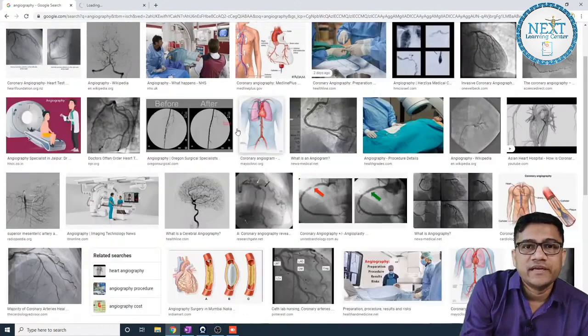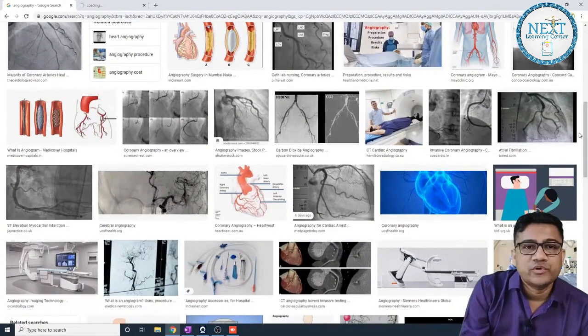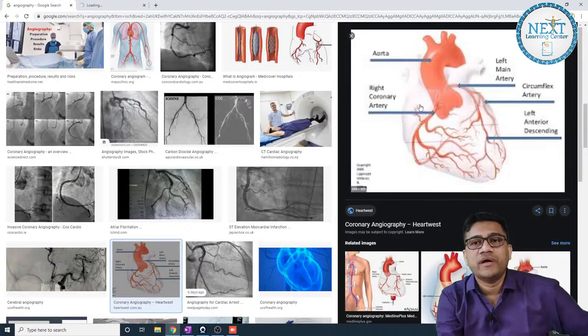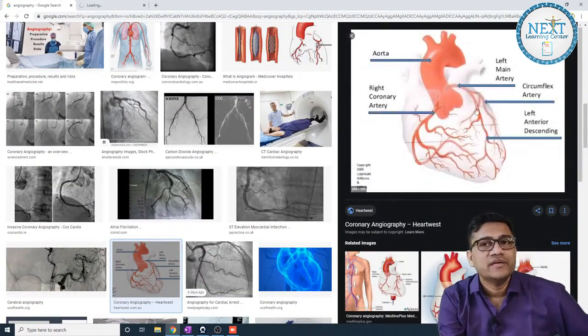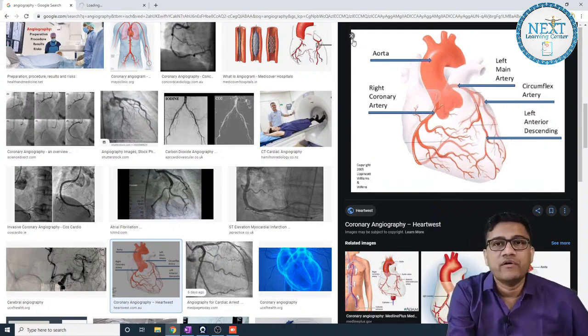So I think it's clear, it shows all three vessels. Where is the diagram? Yes, you can see all the vessels. This shows the normal anatomy. This is the right coronary artery, and the left gives two branches, LAD and circumflex. If there's any blockade, you can easily check where the blockade is. Are you clear now? So it can show the blockade of the vessels.